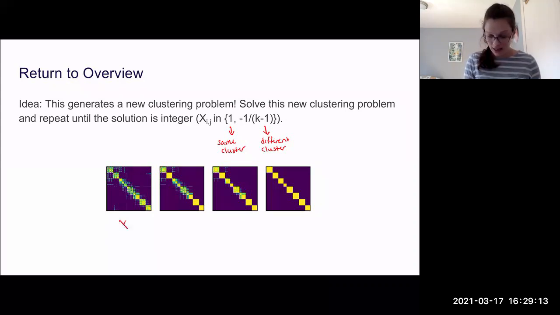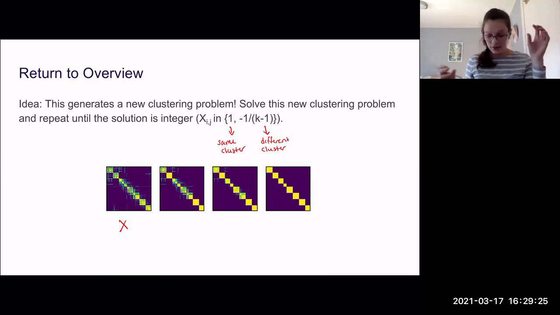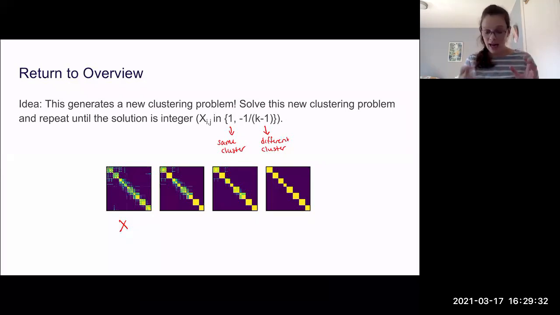So this is our matrix X. And the first time that we solve the clustering problem, we've arranged X by the underlying clusters that were used to generate the data. You can already see a block formation coming out with the yellow. But it's not perfect.